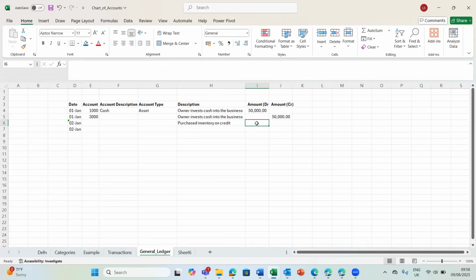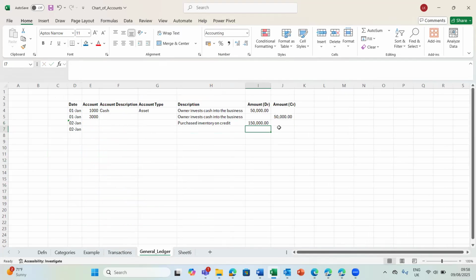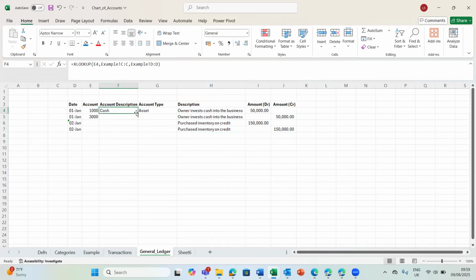So how much is the figure involved here? We're talking of 150,000. Okay. Debit, credit, 150,000. You put the description there, and then let me copy it down.